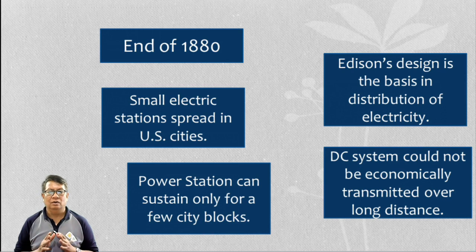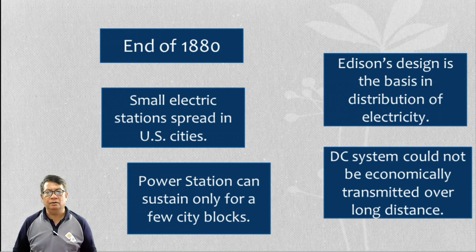Later on we will discuss direct current, but just to give you an idea, if we transmit direct current over a longer distance, it will have greater power loss. In other words, malalaki yung mawawala sa transmission system if you are going to use this direct current system.